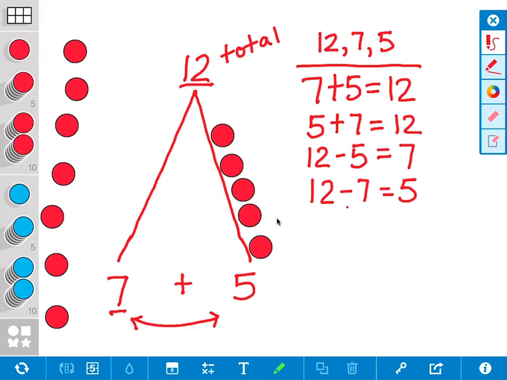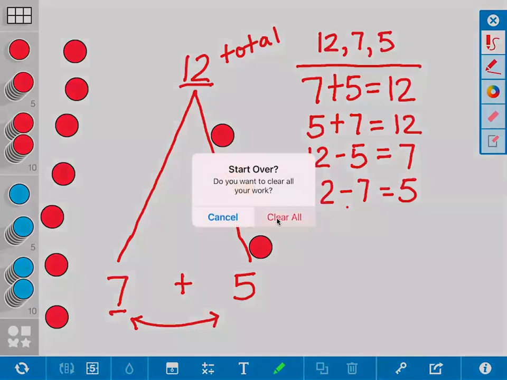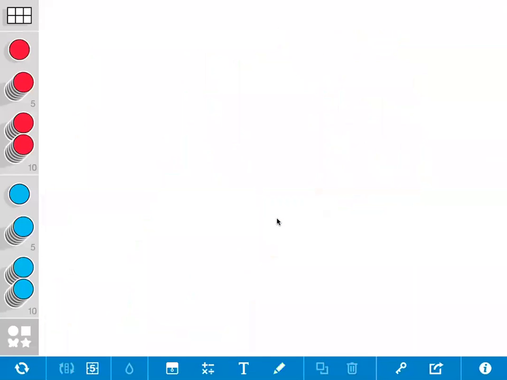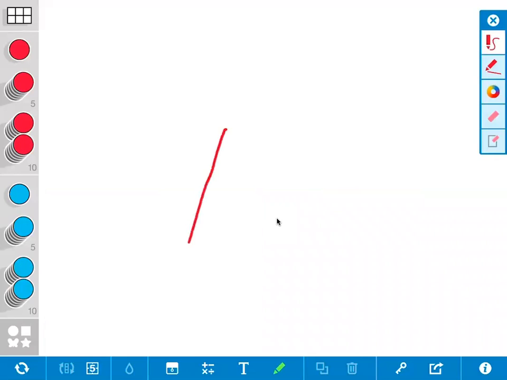Now, I will tell you this. I'm going to clear and show you a different related fact. So let me get my marker. All right, on this mountain, I'm going to do something different. I'm going to put a 10, a 5 partner, and a 5 partner.